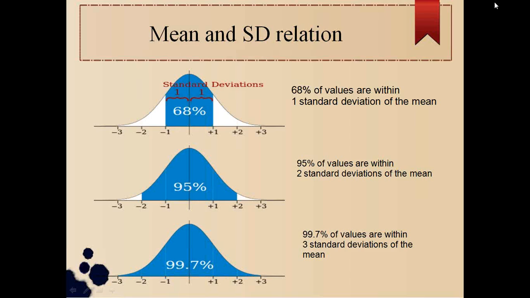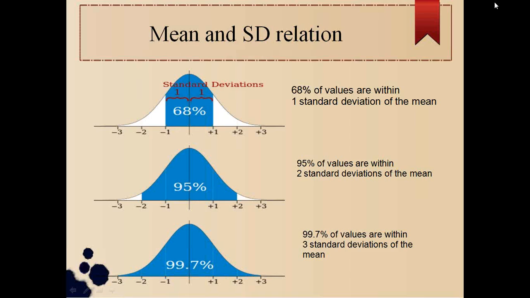It's applicable for all population data. If we take population data for any variable, it should follow a bell-shaped curve, that is, it should follow normal distribution.